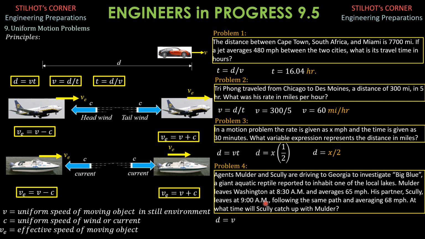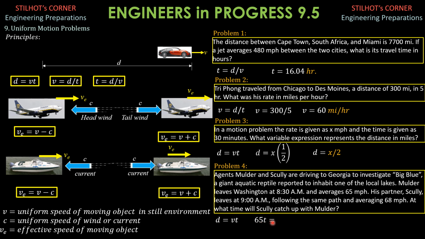So distance equals average speed times time. For Mulder, the speed is 65 miles per hour and the travel time is t, beginning with 8:30. So 65 times t, that's the distance traveled by Mulder.